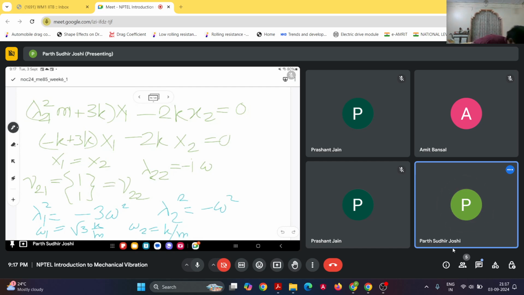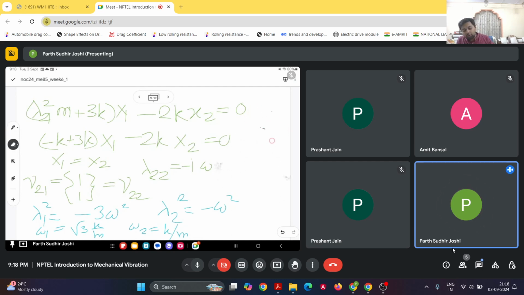So if we had assumed the solution of the form, let us say, e to the power I omega t, then whatever we get, omega will be directly the natural frequency here.